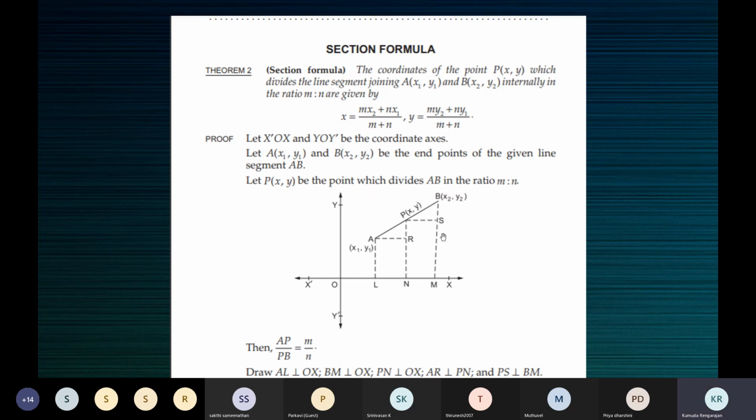So we are going to find the formula that will help us find the x coordinate of P and the y coordinate of P. See, when I've just started, things will sound vague. When I complete and when I repeat, it should be clear. At that point, if it is not clear, please ask me.